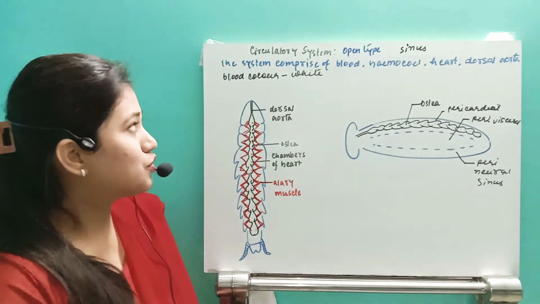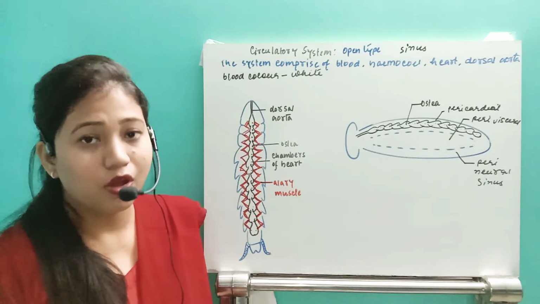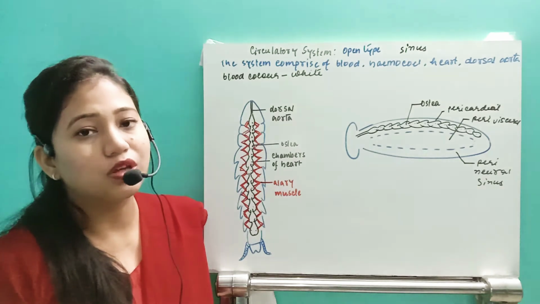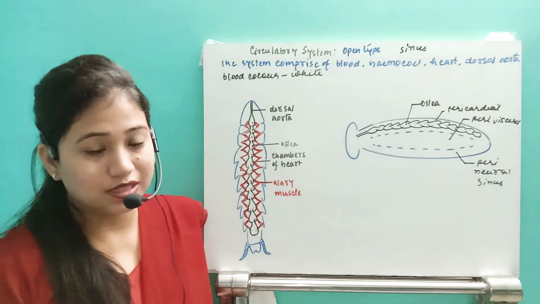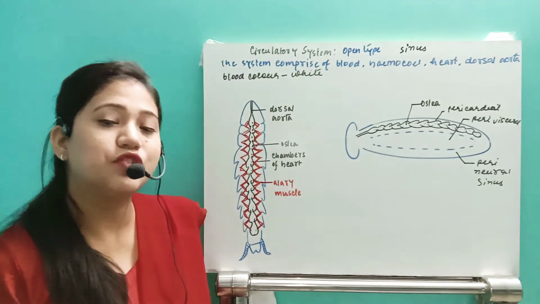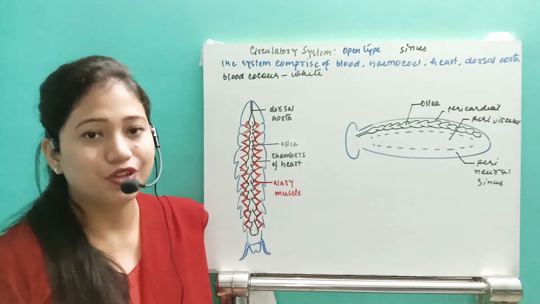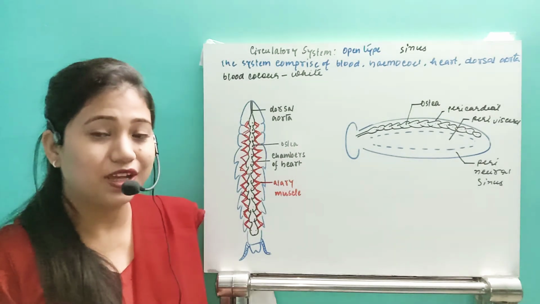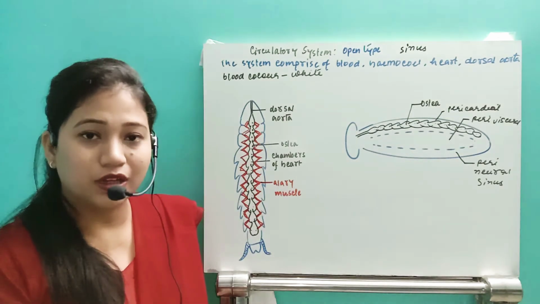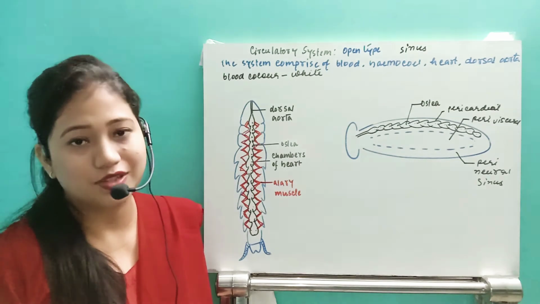Now if it comes to their function, what the circulatory system performs, then it is only for the transport of the nutrients. That means only the digested food materials will be transported to different parts of the body with the help of this circulatory system. But as for oxygen transporting capacity, they don't have it, due to the lack of hemoglobin.